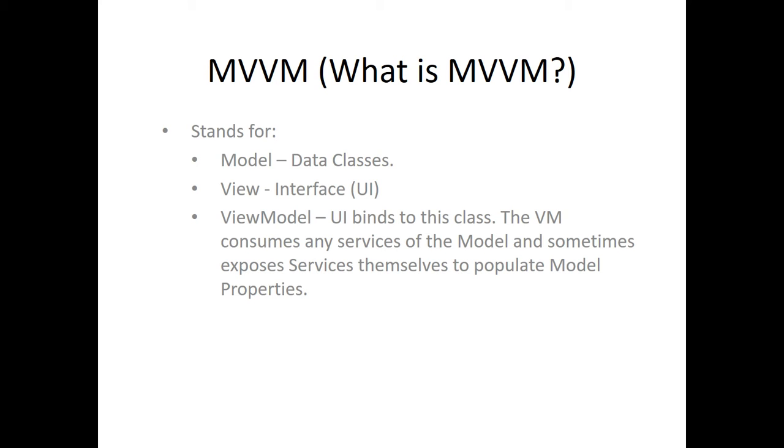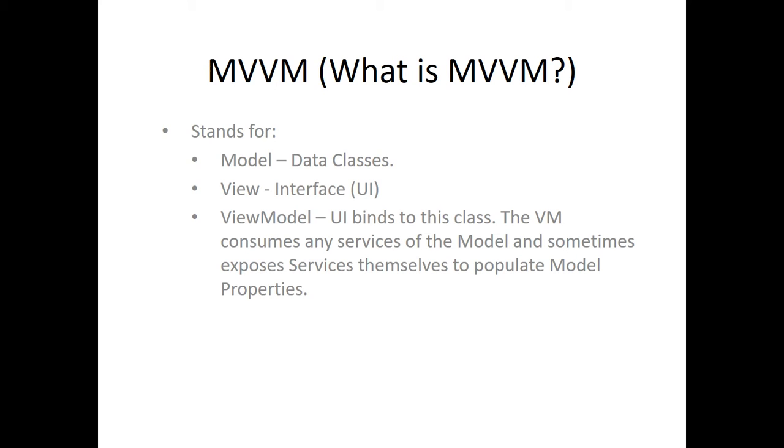So basically the first M stands for models, your data classes and how you interact with your data. Your view, i.e. your interface, your user interface. So that would be the XAML in our case, but if you were creating an ASP.NET site, that would be your HTML, HTML5, CSS.